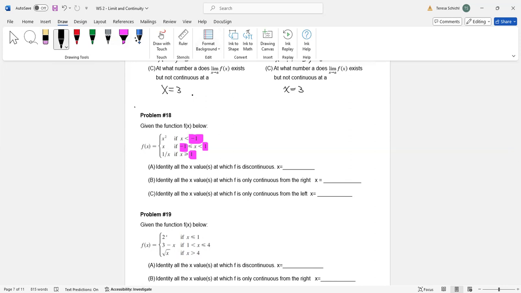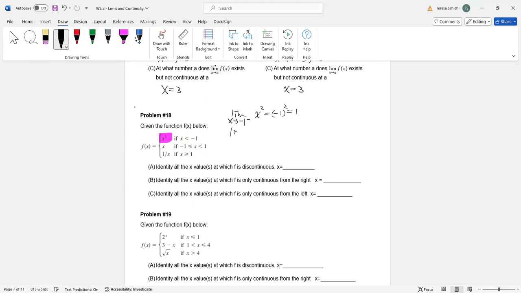So what I need to do here is follow the continuity definition. The limit as x approaches -1 from the left-hand side, meaning less than -1, so I need to use the x squared. So this is -1 squared, which is equal to 1.